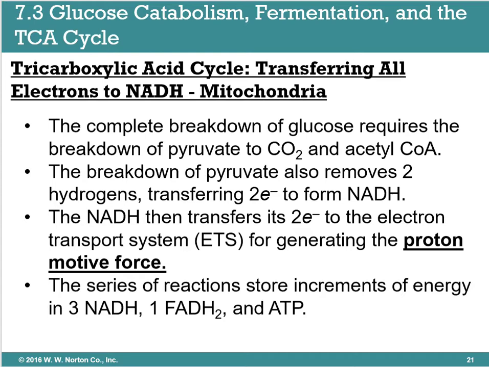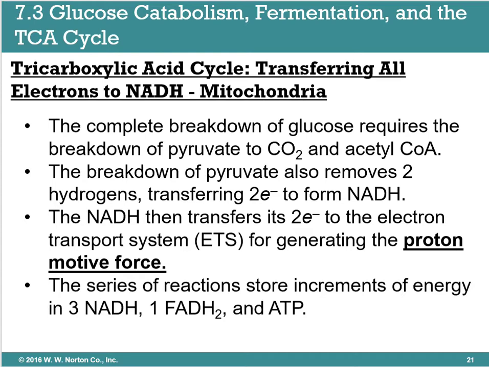This is where the transferring of electrons to NADH occurs, and this happens in the mitochondria. Bacteria have mitochondria just like we do, but they use them a little differently, though the big picture is still the same: they use them for electron transport.